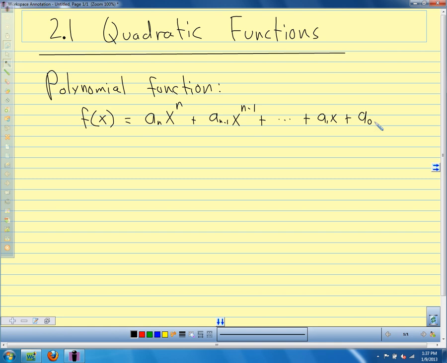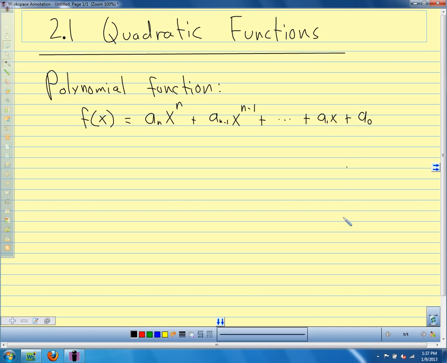That's just a way of saying, if we have say a 5th degree polynomial, so if n equals 5, we're going to have a coefficient on the 5th power of x, we're going to have a coefficient on the 4th power of x, we're going to have a coefficient on the 1st power of x, and then we're going to have some constant.